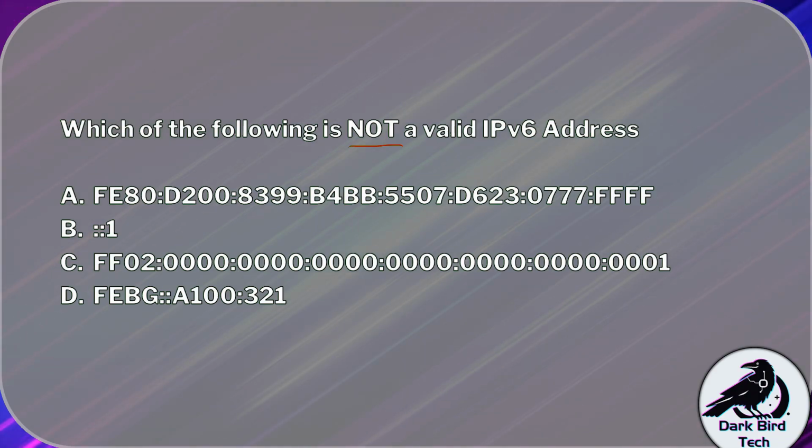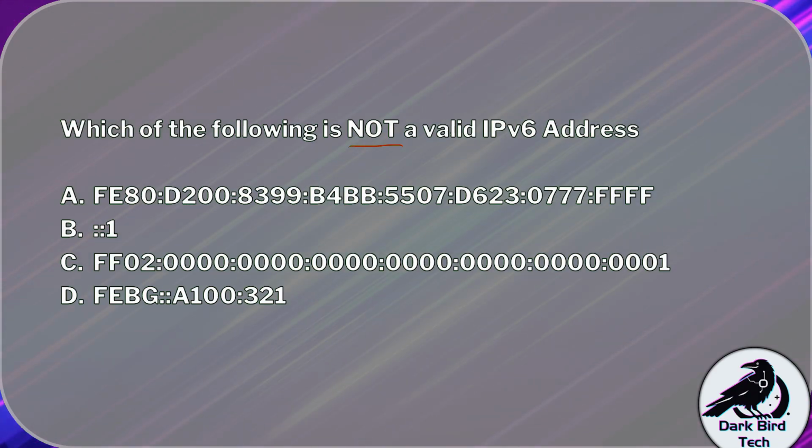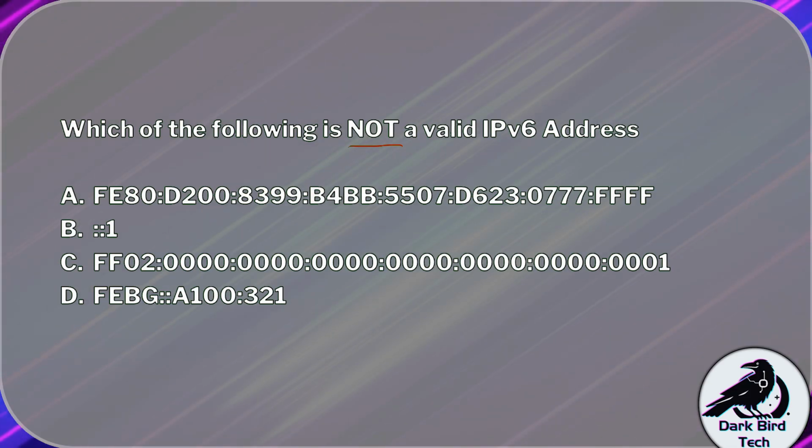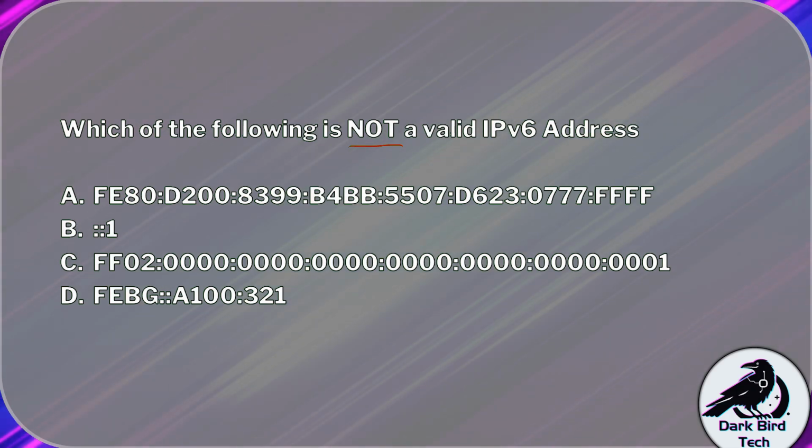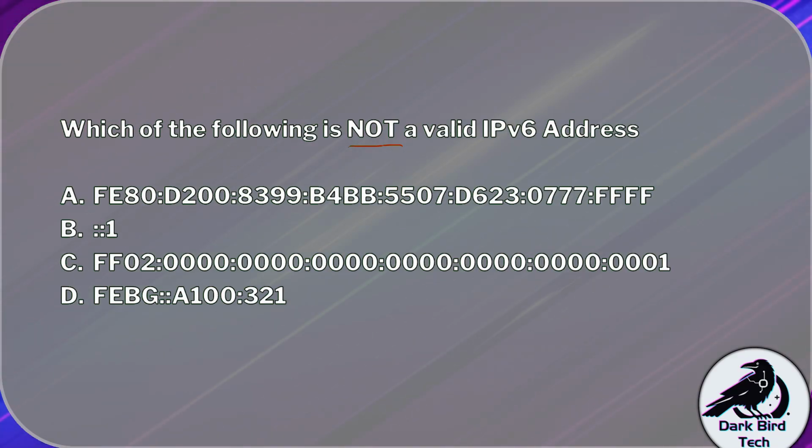Then we've got option C, FF02 followed by a long series of zeros and fields. If I stuffed up any of the zeros there, I do apologize. And then we've got option D, which is FEBG::A100:321.